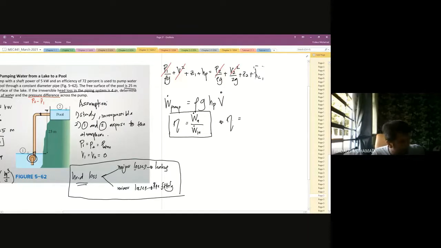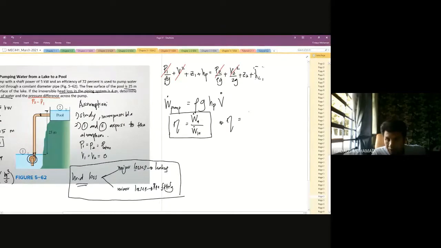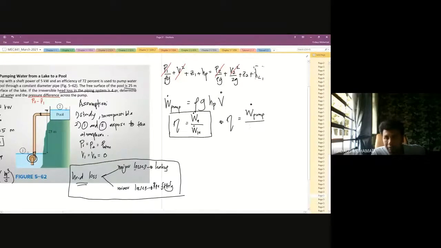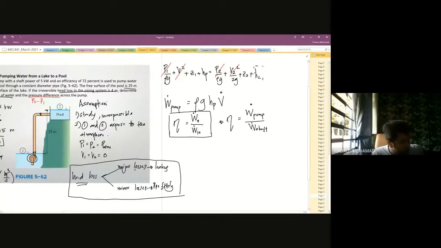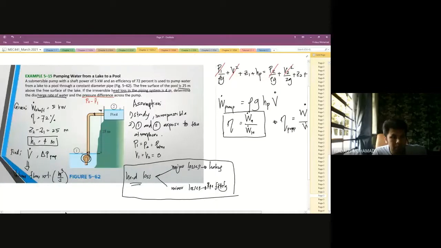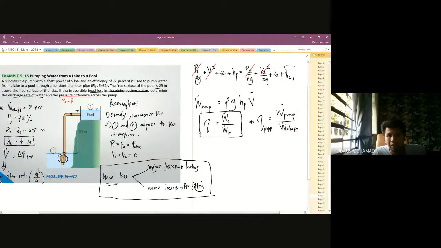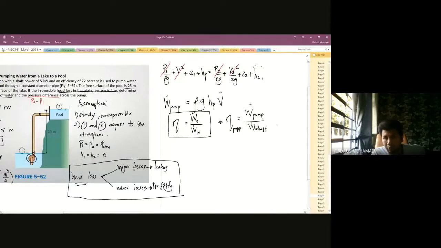Okay, so maknanya kat sini efficiency equal to W dot pump bahagi dengan W dot shaft. W dot shaft ada tak? W dot shaft ada 5 kW and then efficiency ada. So kita boleh dapat W dot pump.